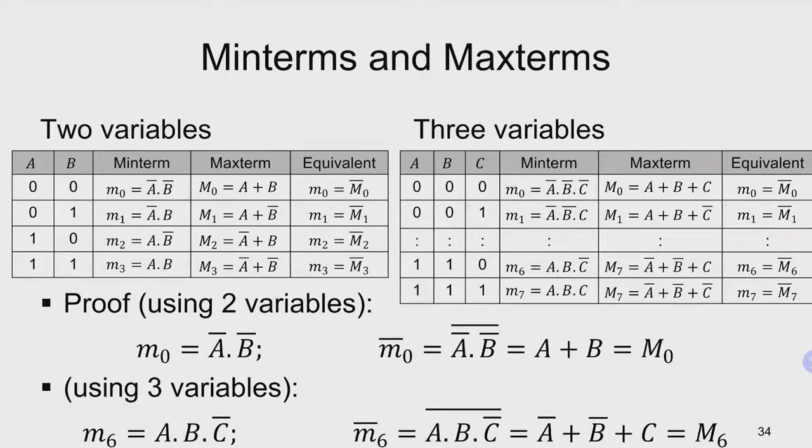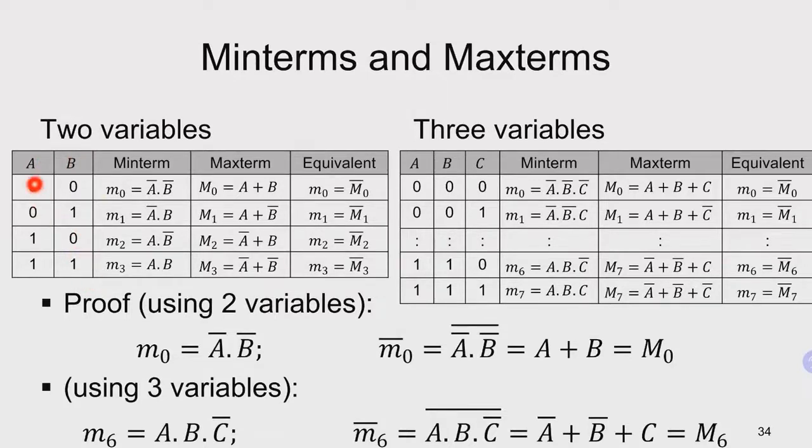Okay, terminology. So I talked about minterms previously. The minterms are actually the products. So in this case here, we have A, B two variable functions.